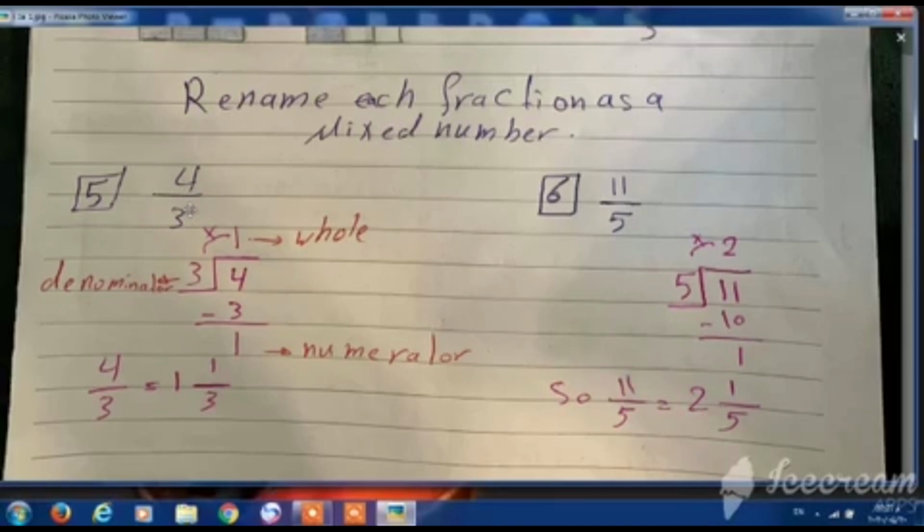So by division, you can do it by picture, we have many ways, and here I do it by division. So we have 4 divided by 3.